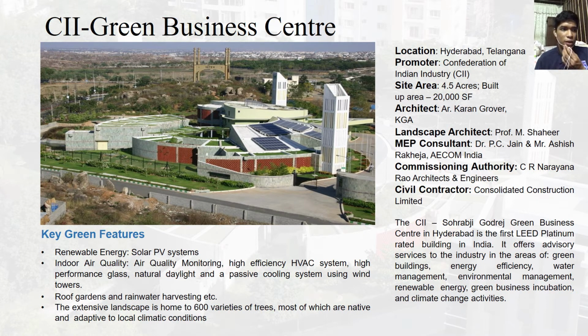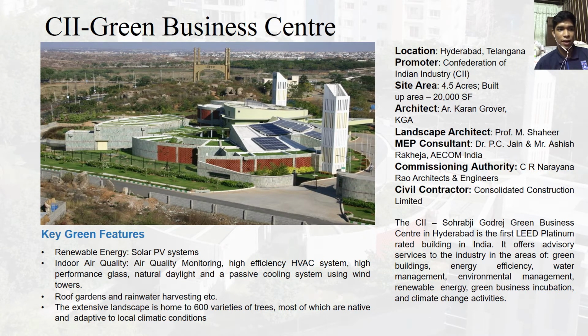So these are the key green features in the building that I chose: renewable energy using a solar PV system, indoor air quality monitoring, a high efficiency HVAC system, high performance glass, natural daylight, and a passive cooling system using wind towers, roof gardens, and rainwater harvesting.